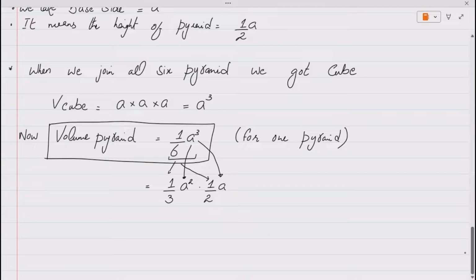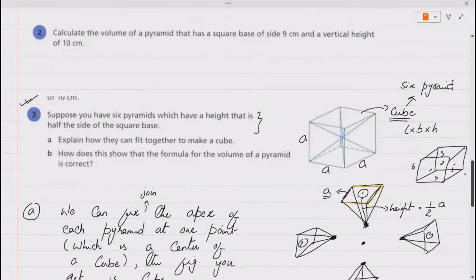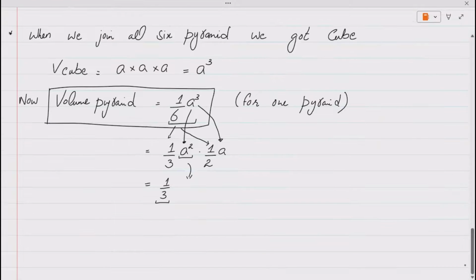But why did I do this? So you can see now that 1 upon 3 is our constant factor. This A square is what? Area, because we have this square. When I am talking about just the area of this square, A and A is A square. So it means this factor is base area.